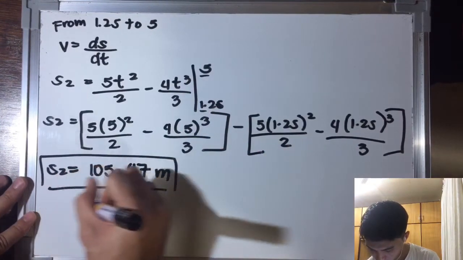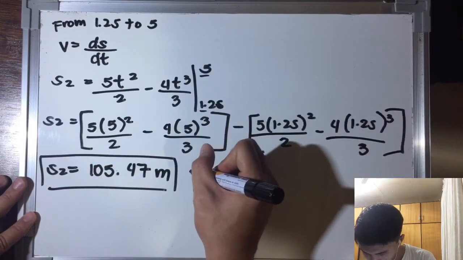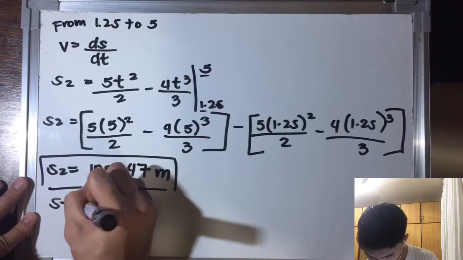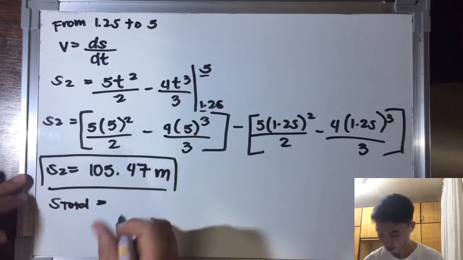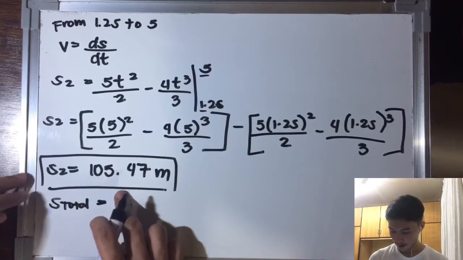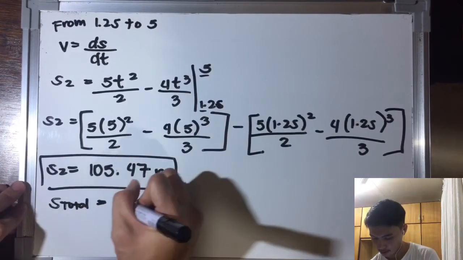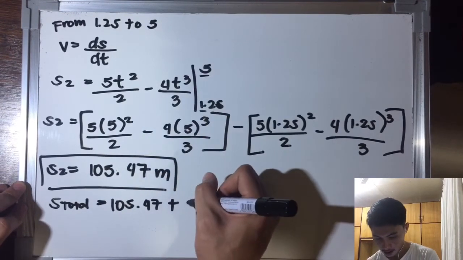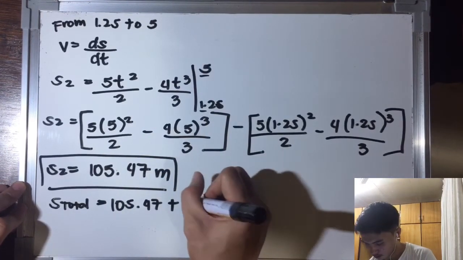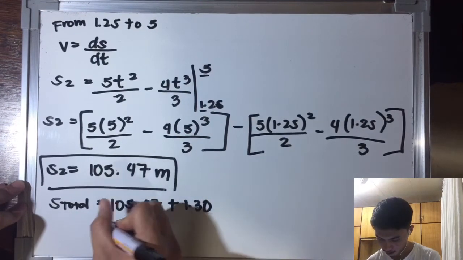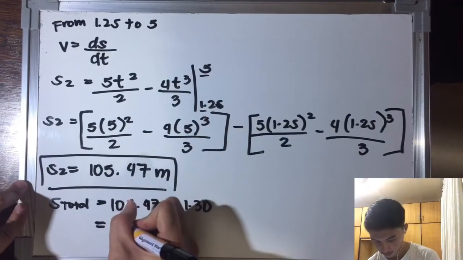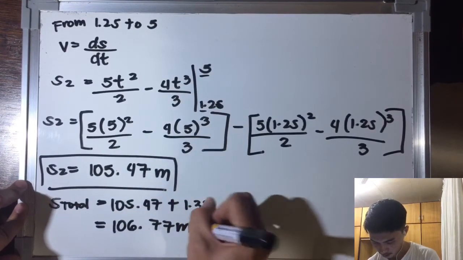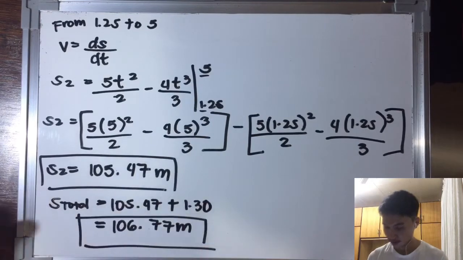So to solve for the total distance, we are just going to simply sum up all our positions. So S2, which is 105.47, plus our initial position, which is 1.30. So adding this will give us a value of 106.77 meters. So this is our total distance.